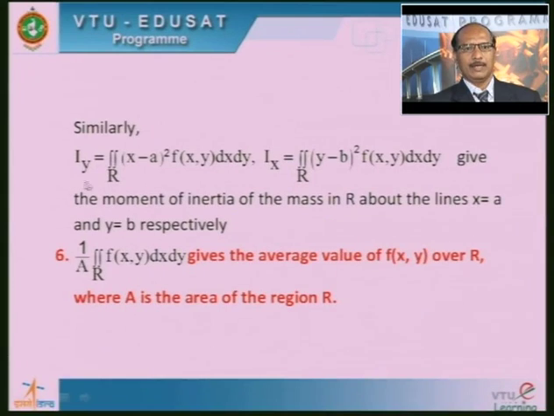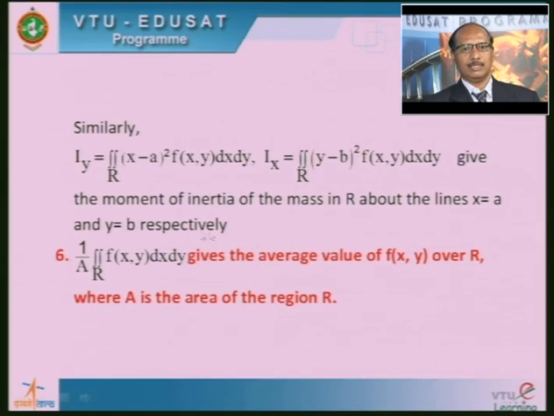Similarly, Iy is the integral of (x minus a) whole square into f(x,y) dx, and Ix is the integral of (y minus b) whole square into f(x,y) dy. These two give again the moment of inertia of mass in R about the lines x equal to a and y equal to b respectively.